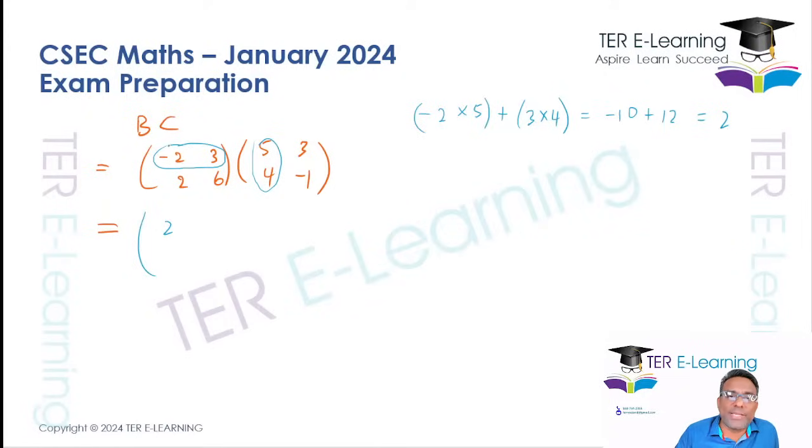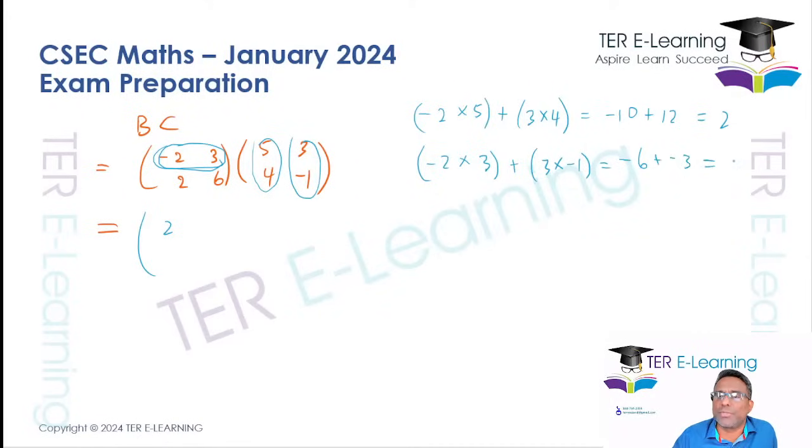Next, I'm going to take this row and multiply by this column here. That's minus 2 multiplied by 3 plus 3 by minus 1. So this is minus 6 plus minus 3, so that's going to be minus 9. Like I said, if you see any errors, let me know. So that takes care of the first row.